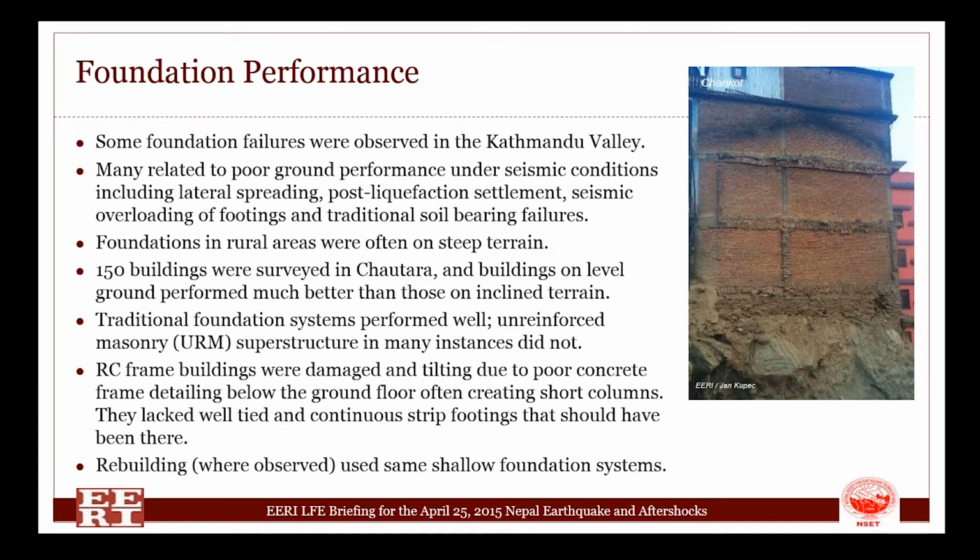Rebuilding, where it was observed very shortly after the earthquake itself, employed the same foundation systems, namely shallow foundations. The picture on the right-hand side shows a typical structure sitting in the more rural area in a mid-sized town.